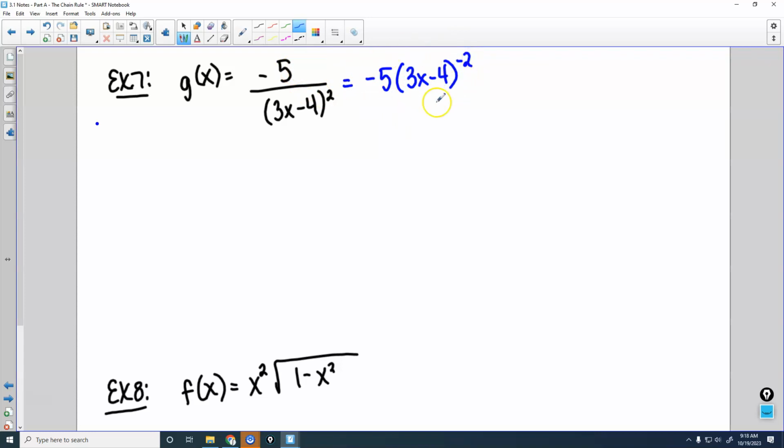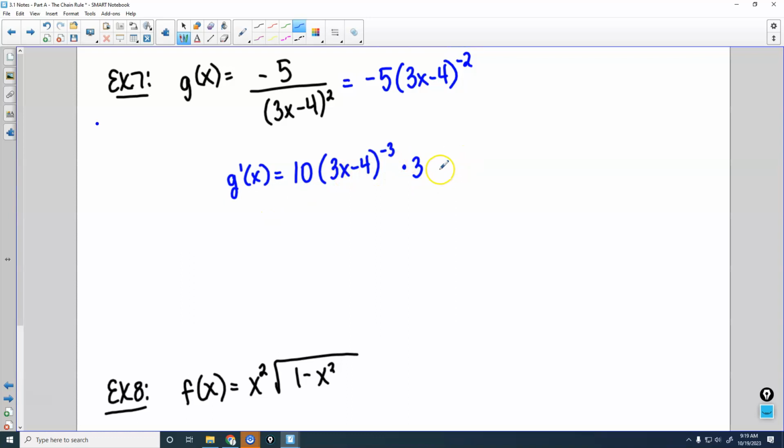But now, I think this makes it much easier to deal with because you can just do negative 5 times negative 2, which will give you 10. You'll have 3x minus 4 to the negative third power. And then what do we need to multiply by here? 3.